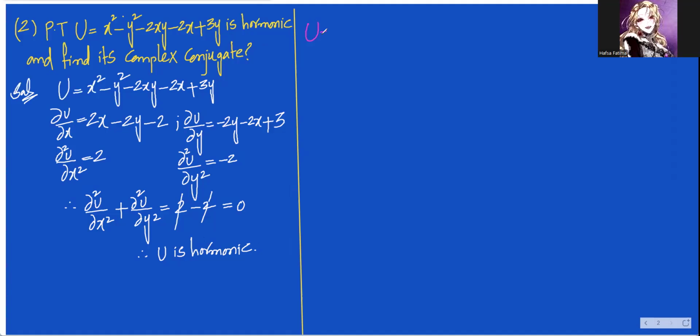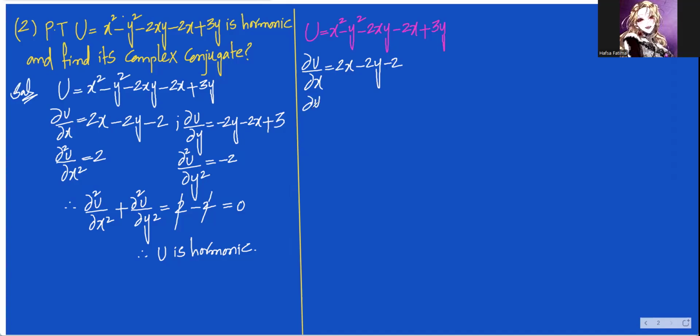So I will take this one. u is equal to x square minus y square minus 2xy minus 2x plus 3y. Let us work on it. We should go for u with respect to x. Already we have done the same story here: 2x minus 2y minus 2.